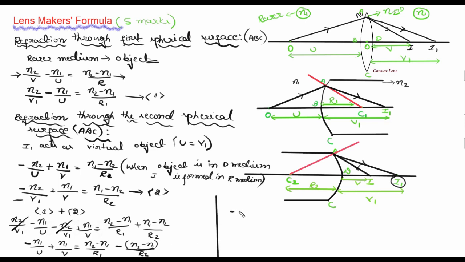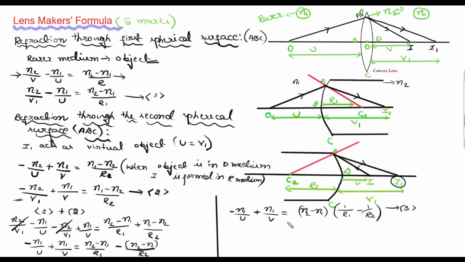It is minus N1 by U plus N1 by V is equal to, take N2 minus N1 as common factor, remaining 1 divided by R1 minus 1 divided by R2. I will call this equation number 3.